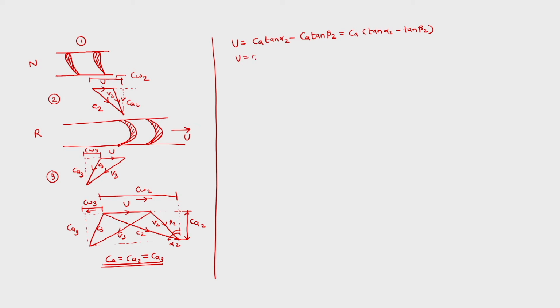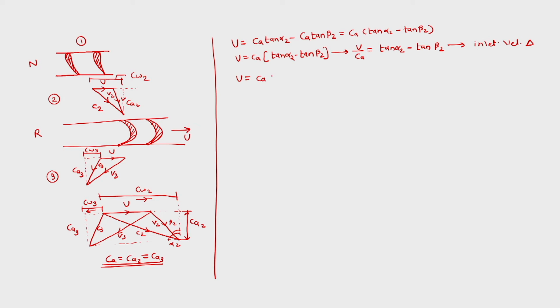So u is equal to Ca into tan alpha 2 minus tan beta 2. So u upon Ca is equal to tan alpha 2 minus tan beta 2, and this is from the inlet velocity triangle. Now let us consider the outlet velocity triangle.